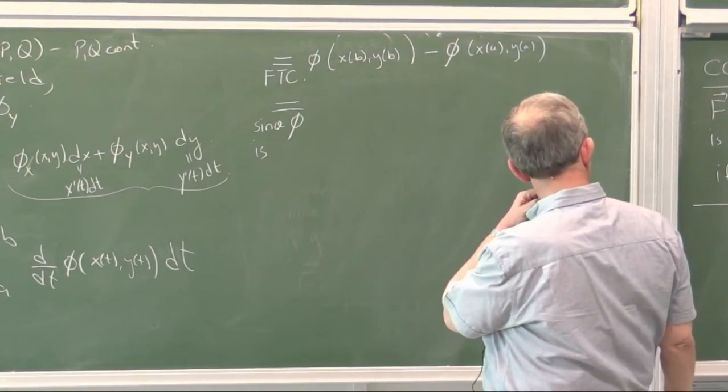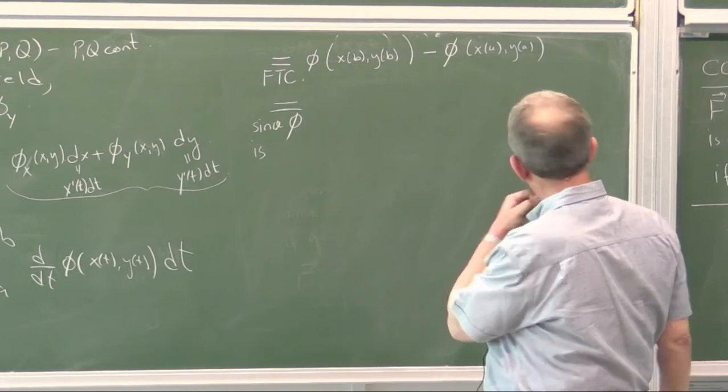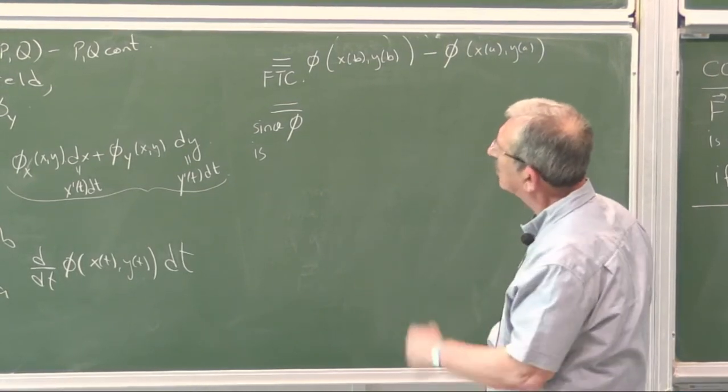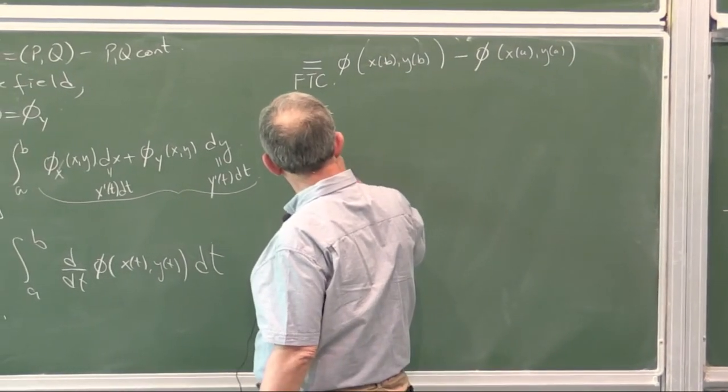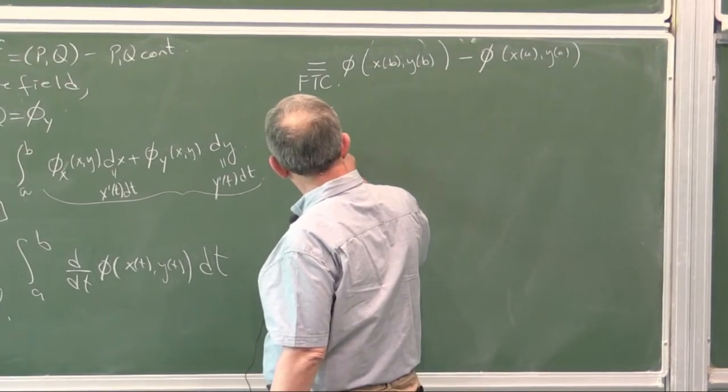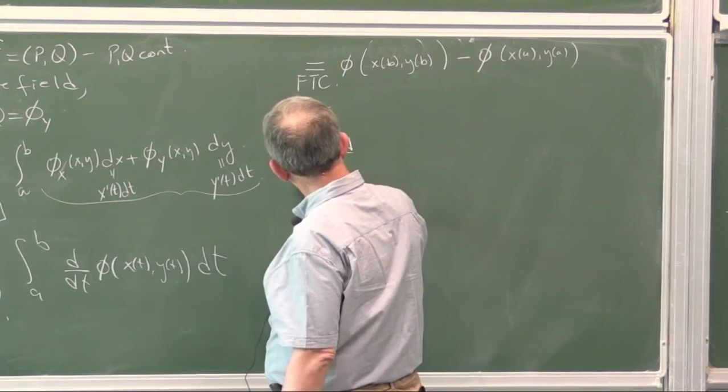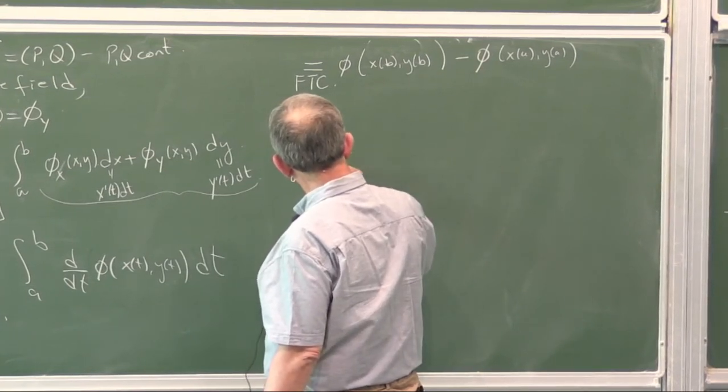So in conservative fields, in the definition, that phi is called a potential function.